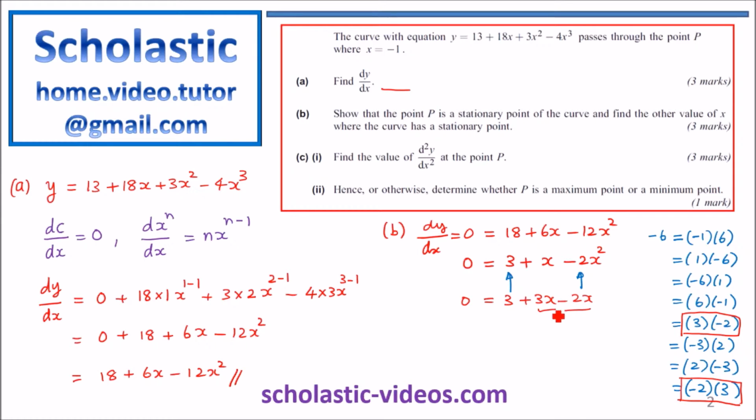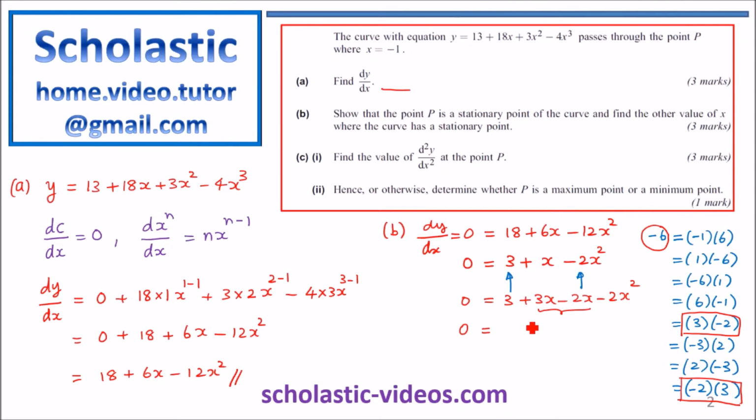Instead of x, we replace with 3x minus 2x, coming from the theory that we found that minus 6 is 3 times minus 2. We found the factors of minus 6, and then replaced x with 3x minus 2x, followed by minus 2x squared. Now we take the factors again.